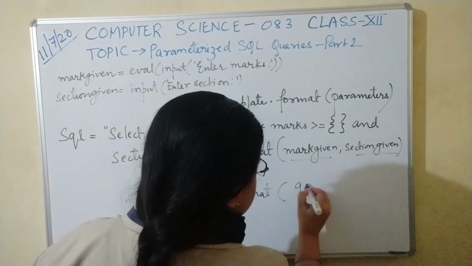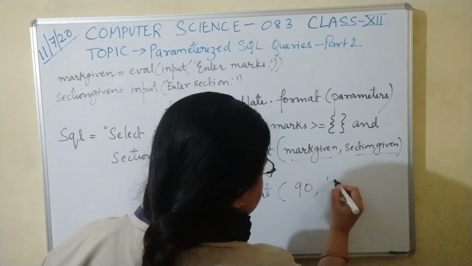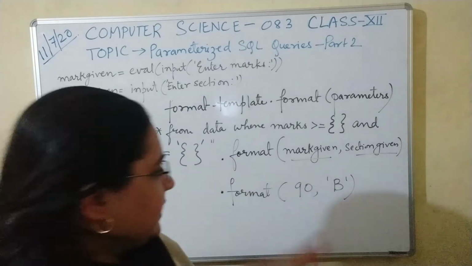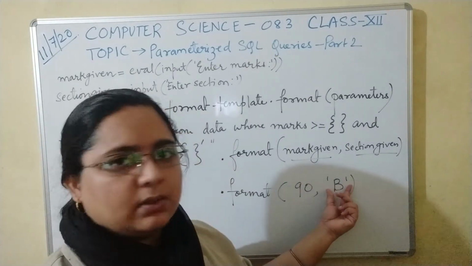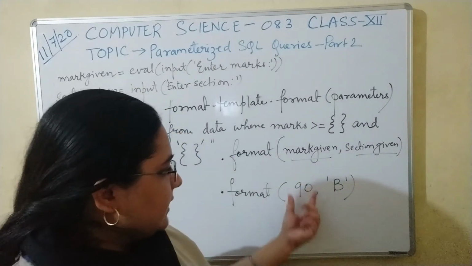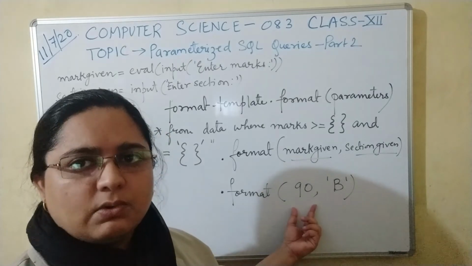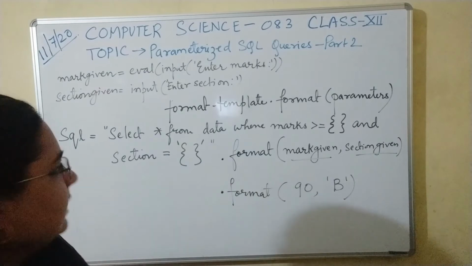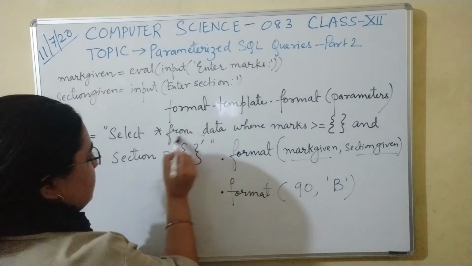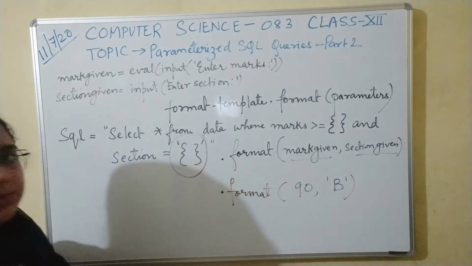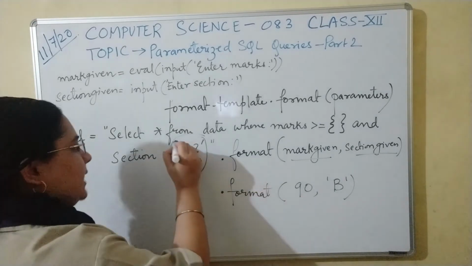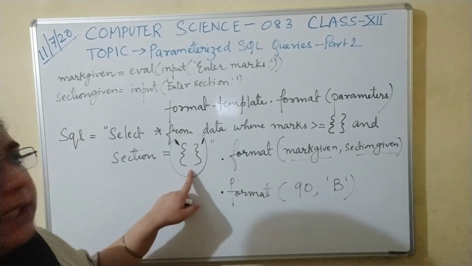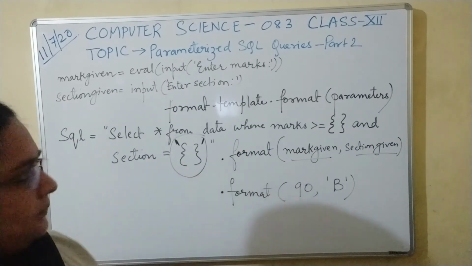In place of this, I can also write dot format simple marks and the values according to their data type. If it is a string type value, it has to be enclosed within single quotes, and if it is a numeric value, then no single quotes. It works the same as the old method, only thing is for string type parameters, you have to enclose this pair of empty braces within single quotes.